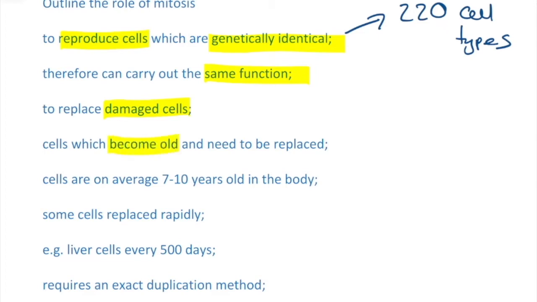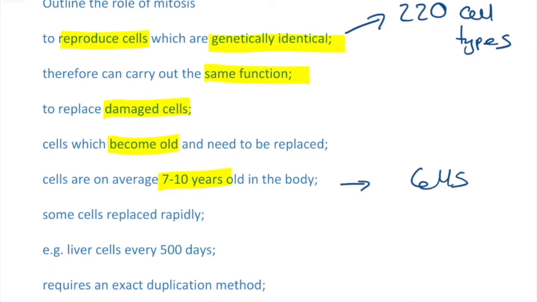Now, if we take the whole body as an average, then every 7 to 10 years, every cell in the body is replaced, apart from some of those ones that we saw last the whole lifetime. So if you've aged 7 to 10 years, then you are almost entirely a totally new person in terms of the cells that make you up. So on a cellular level, we're replacing everything roughly every 7 to 10 years.